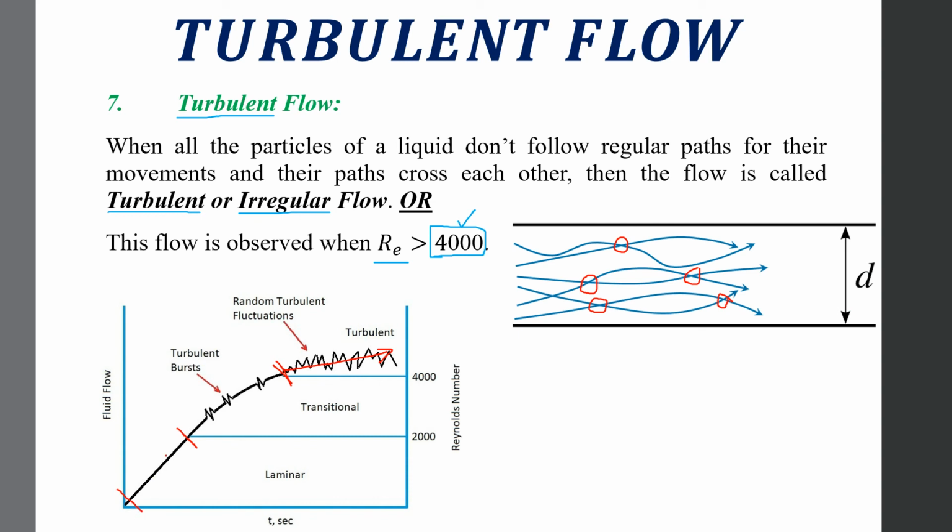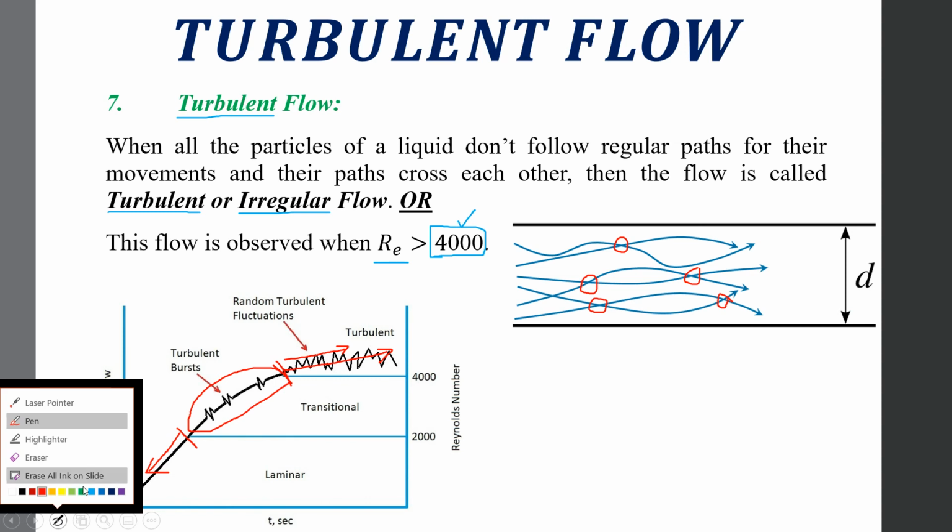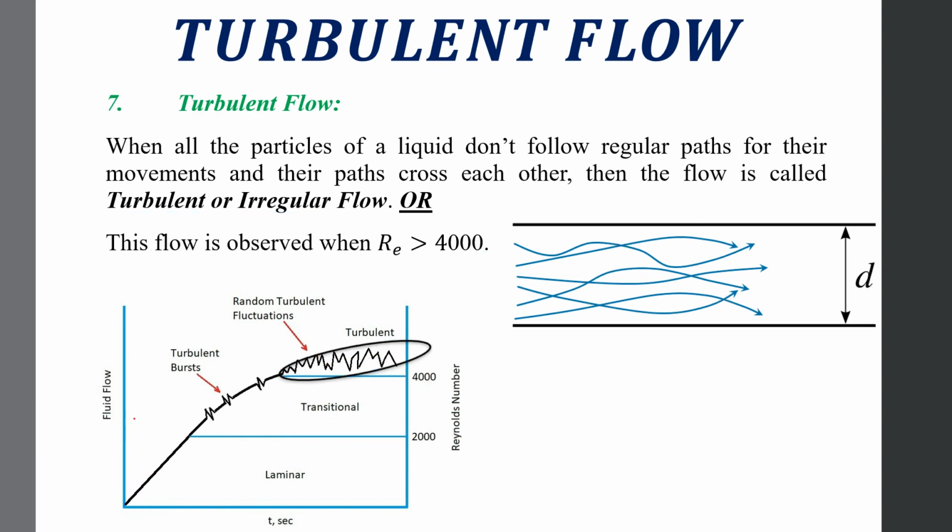So below this, laminarity increases, and above this, turbulency increases. And between these two points, transitional flow is observed. You can see from this elliptical hole that this area is showing the turbulent flow type, for which Reynolds number is 4000 or greater than this value.